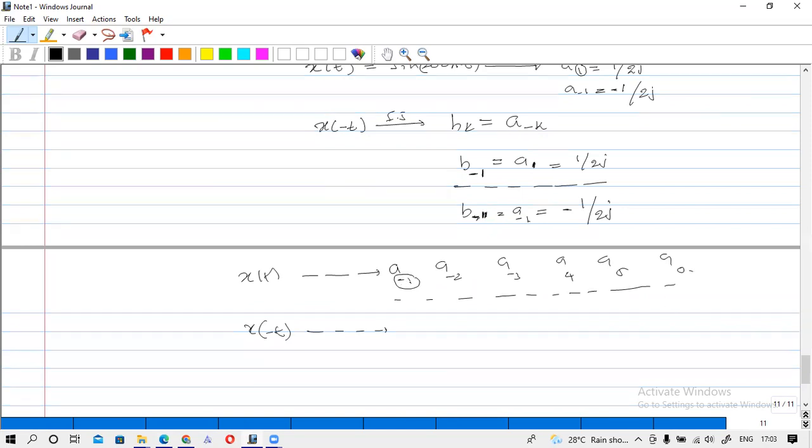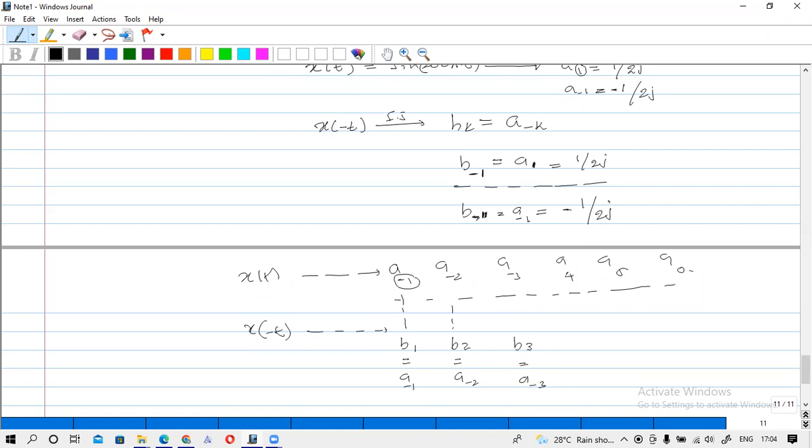That means k is multiplied by minus. So corresponding to a1, we will have b1, and b1 will be equal to a minus 1. Corresponding to a minus 2, we will have b2, and it is equal to a minus 2. Corresponding to a minus 3, we will have b3, equal to a minus 3.